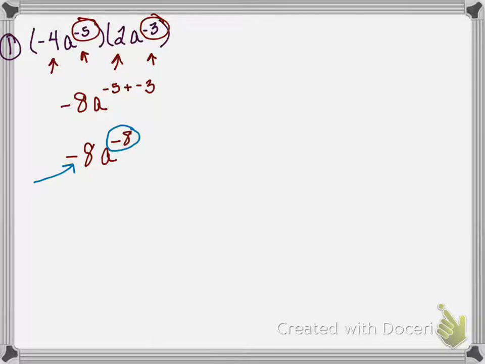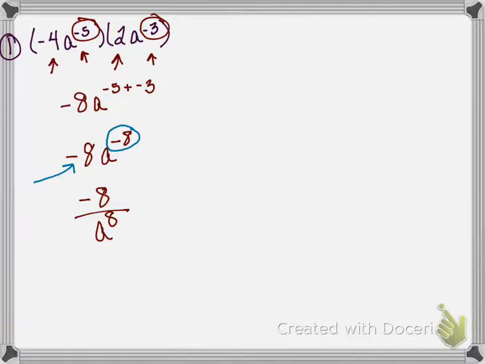So this a to the negative 8 is going to move to the denominator, and it's going to become a to the 8th. The negative 8 that's the coefficient that's in the numerator, it stays. You don't do anything with that because that's not raised to a negative exponent. That's just a value that's negative. So my final answer to this is negative 8 over a to the 8th.